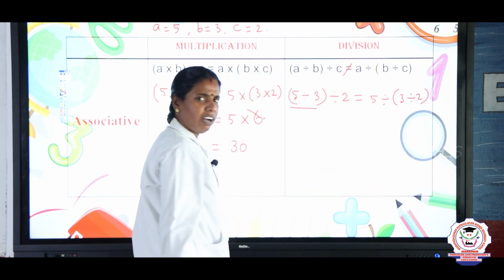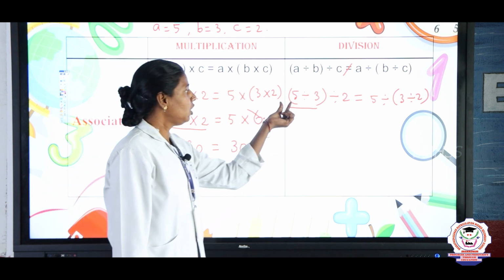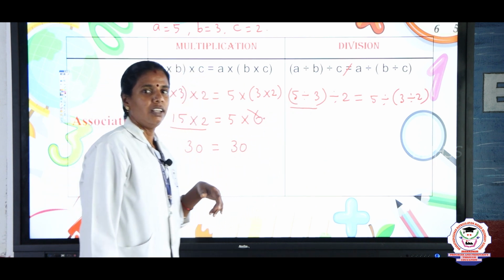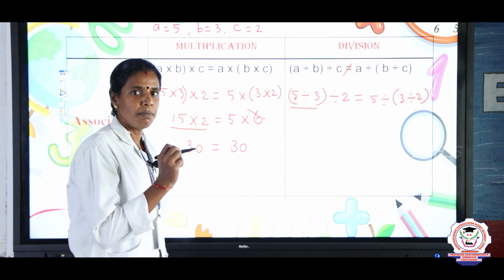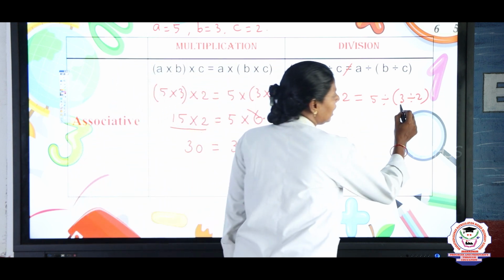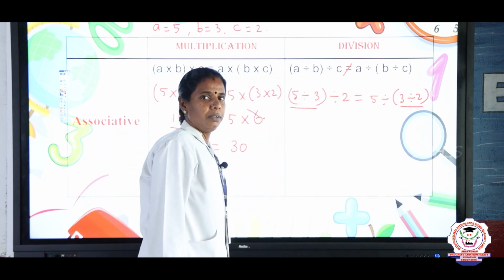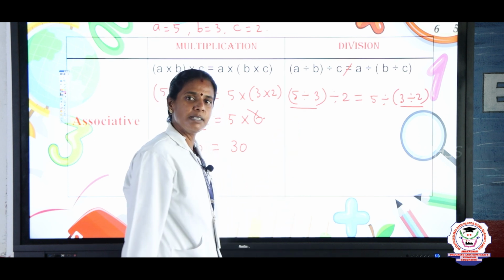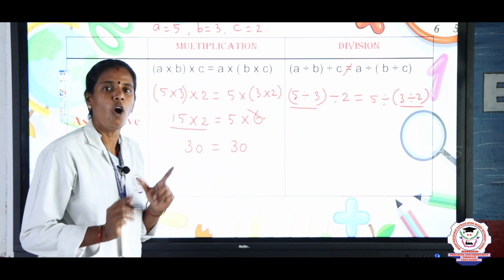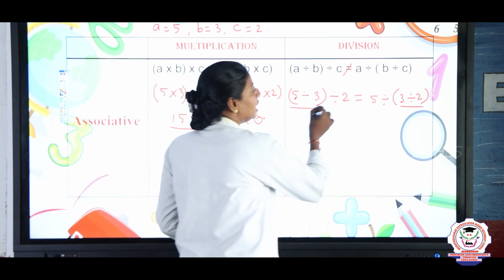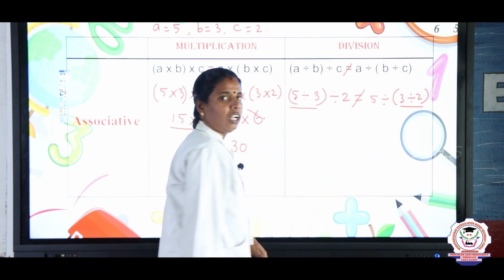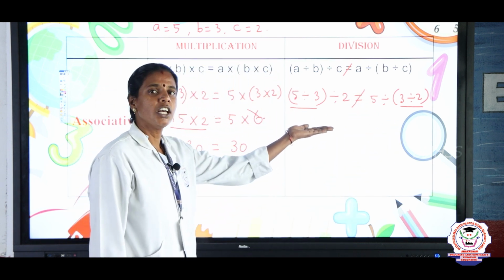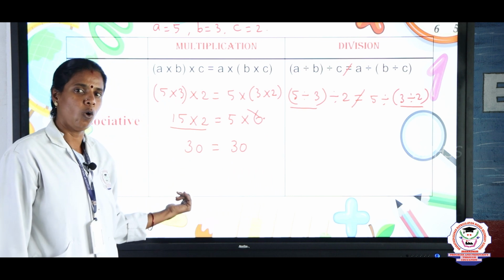Can you divide 5 by 3? You can't get 5 in the 3 table, so if you divide, you will get a decimal value. And 3 divided by 2, is it possible? Here also you will get a decimal value. Both will not be whole numbers, right? So LHS and RHS are not equal. Therefore division is not associative in whole numbers.